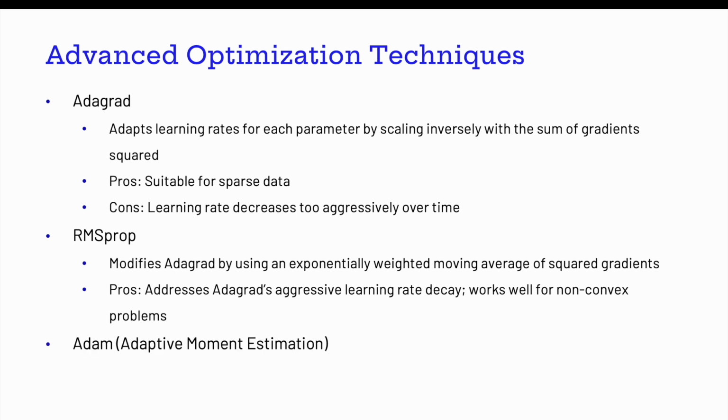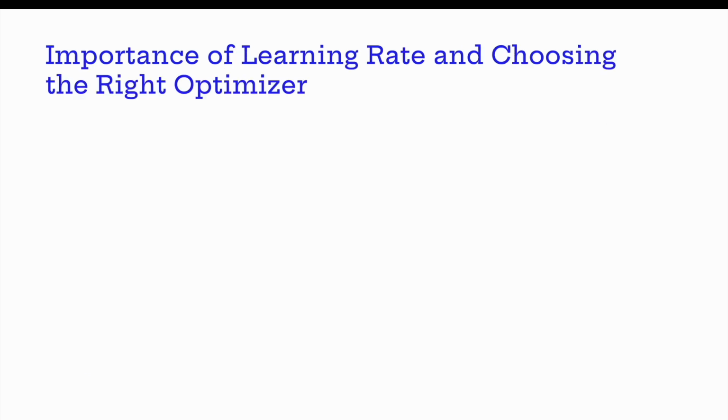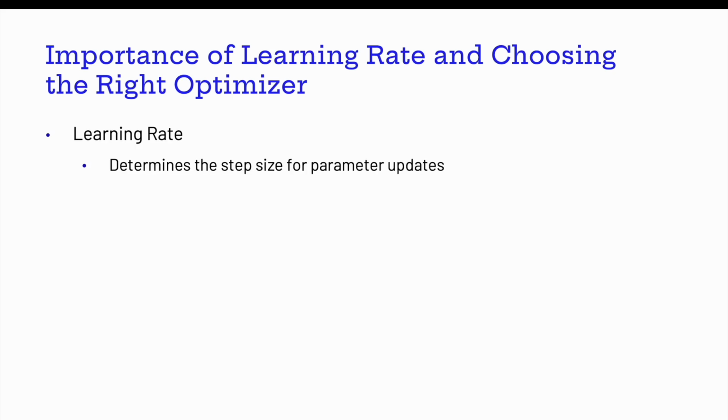Next, we have Adam, adaptive moment estimation. It combines momentum and RMSprop to adapt learning rates for each parameter. The pros are that it works well in practice for most problems and is computationally very efficient. Now let's talk about the importance of learning rate and choosing the right optimizer. The learning rate determines the step size for parameter updates.